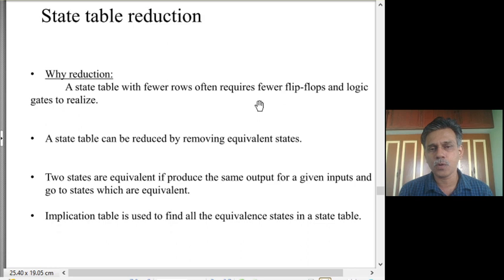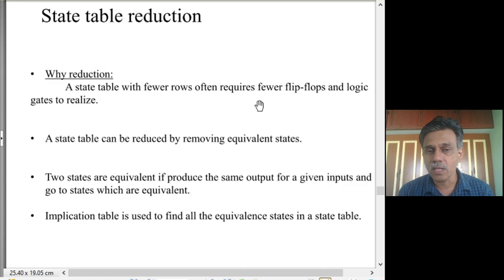For a given input, they produce the same output, like 0 bar 0 or 1 bar 0 and so on. So the label on the transition should be similar. That will tell whether for a given input they produce the same output or not.